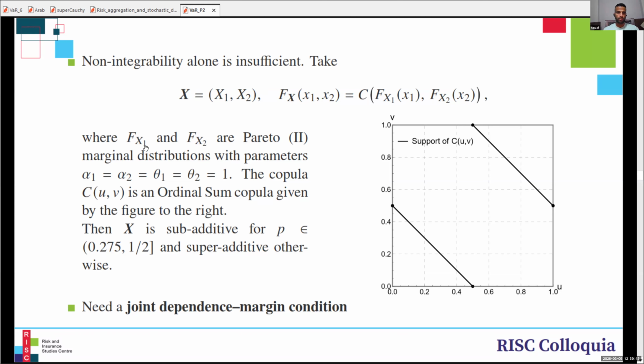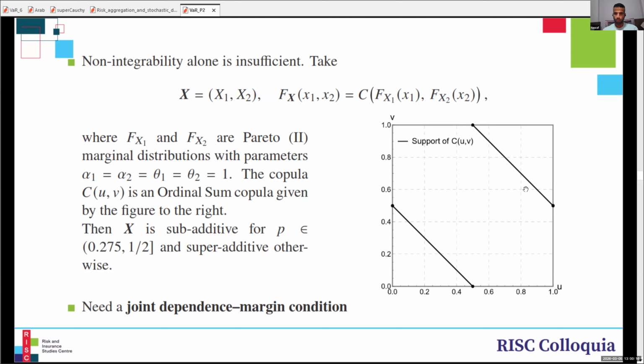Now, suppose that both margins are Pareto 2, where the shapes and the scales are 1. So they both have infinite means, right? Both of them. However, the support of the copula, as you can see, is this. This is no longer a purely negative dependence. Yes, you can see that this piece is negatively dependent, and also that piece is negatively dependent.